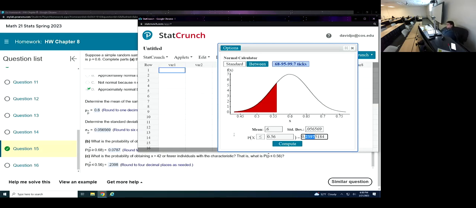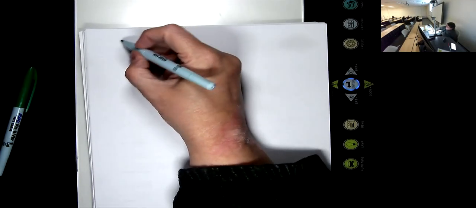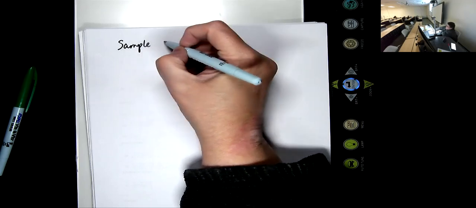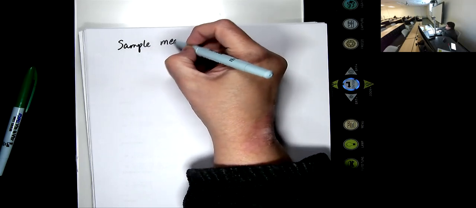So you have to do the calculations by hand to figure out what your mean and your standard deviation are going to be. A quick recap on paper for the formulas you'll need. If you're working with a sample mean, it'll say mean or proportion in there.